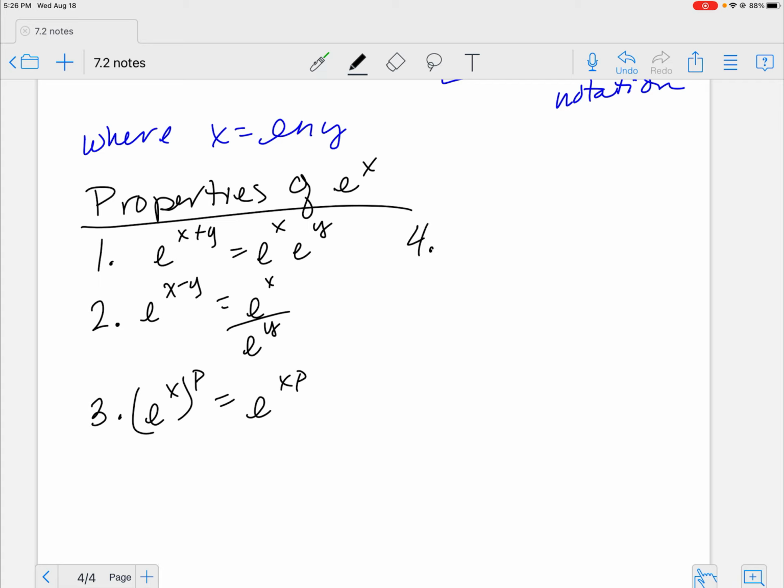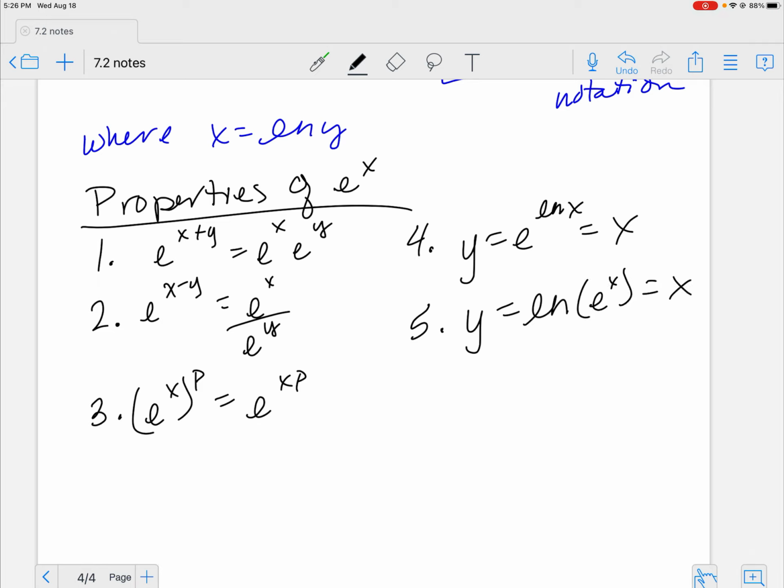Here's number 4. If I have y is equal to e to the natural log of x, right? Remember, we just talked about these being inverses of each other. Then you end up with simply x. If I have y is equal to the natural log of e to the x, again, you just end up with x.